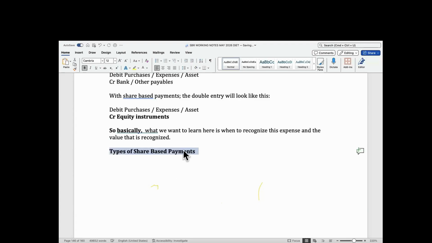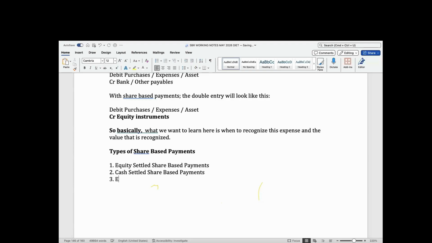How these share-based payments happen. There are three that we need to look at. Number one is equity settled share-based payments. Number two is cash settled share-based payments.